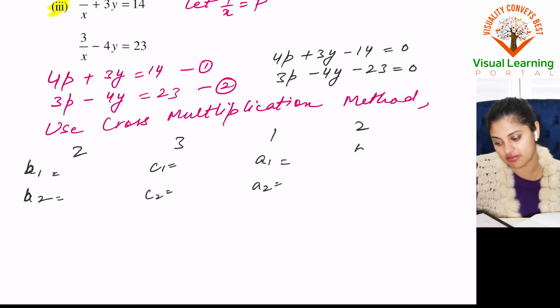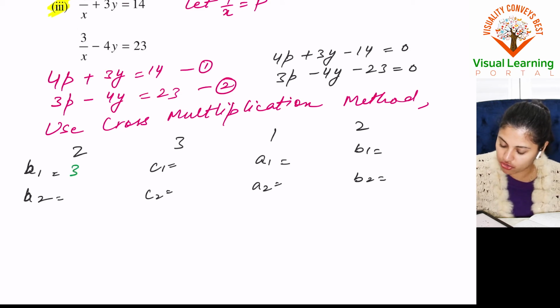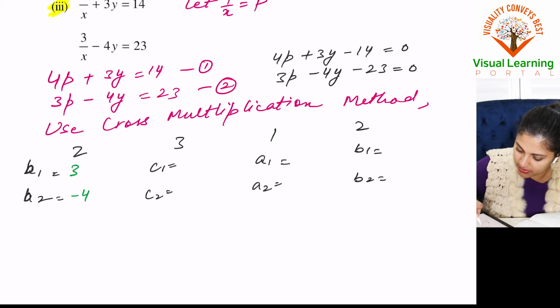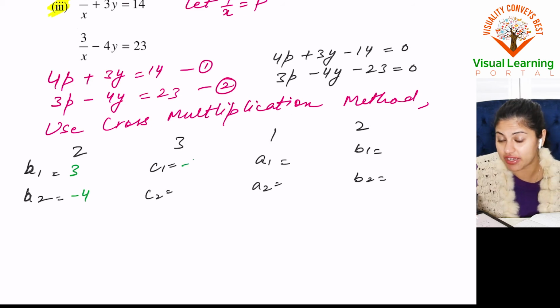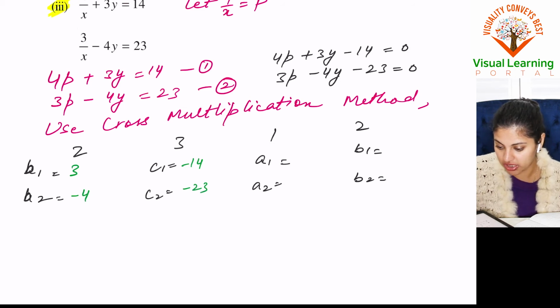So you're going to write the equations here. b1 and b2 is 3 and minus 4. Make sure you don't forget the minus 4 because the negative sign is very important. c1 over c2 can be taken as 14 and 23. a1 over a2 is taken as 4 and 3. Similarly, b1 is 3 and b2 is minus 4.